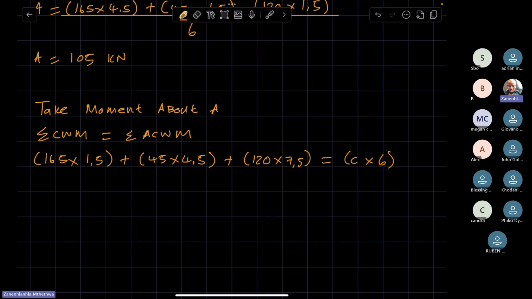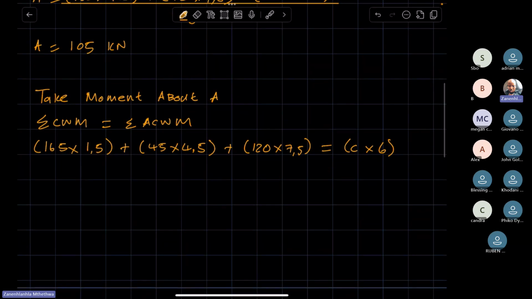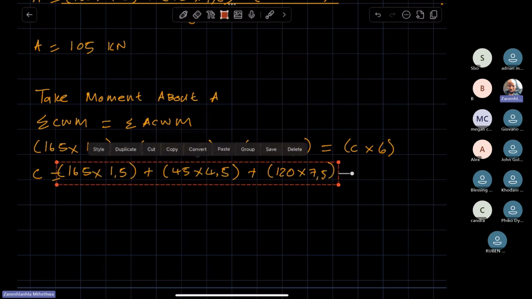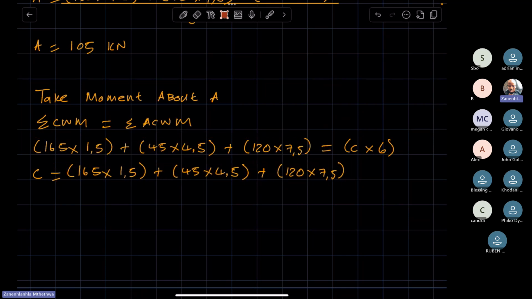So to get C, C is equal to all of this divided by 6.